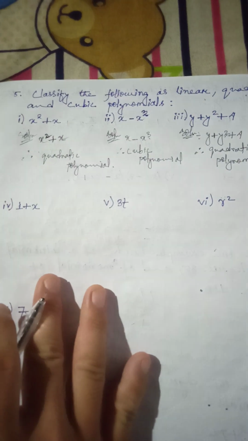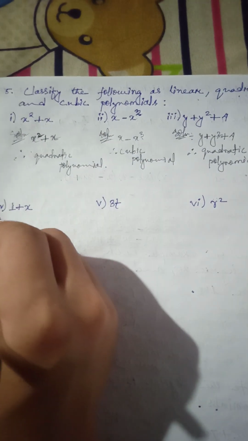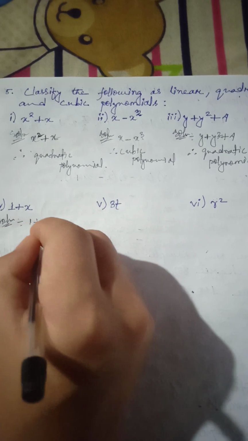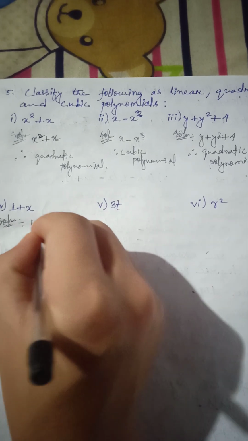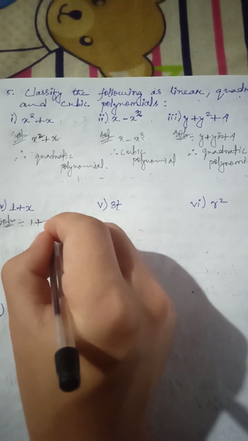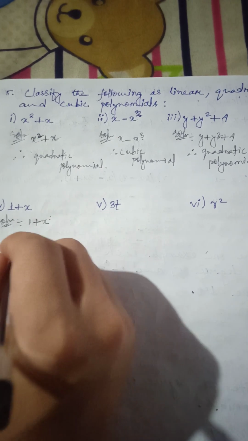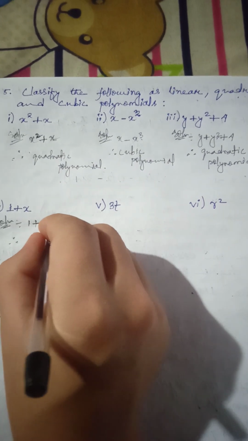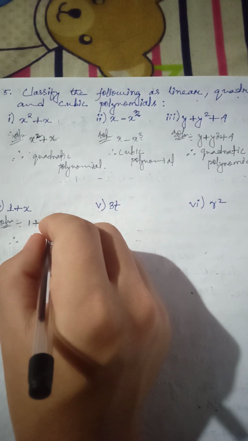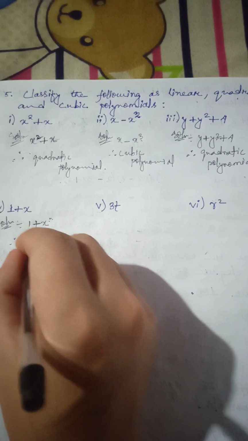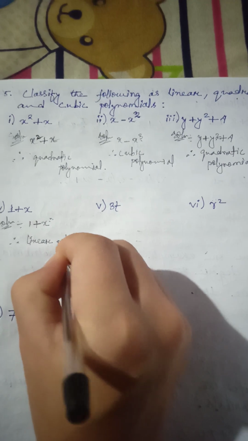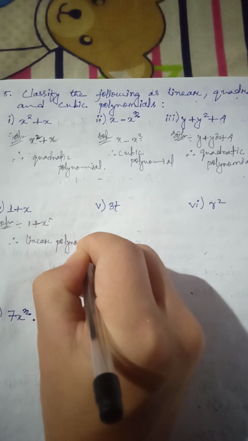Okay, then by using the same process, even here we'll solve this one. In Roman number 4 we have 1 plus x. Here we have only x. If only this variable is there, that means the power is 1. That means the highest power is 1. If the highest power is 1, then what should we call it? We will call it a linear polynomial.